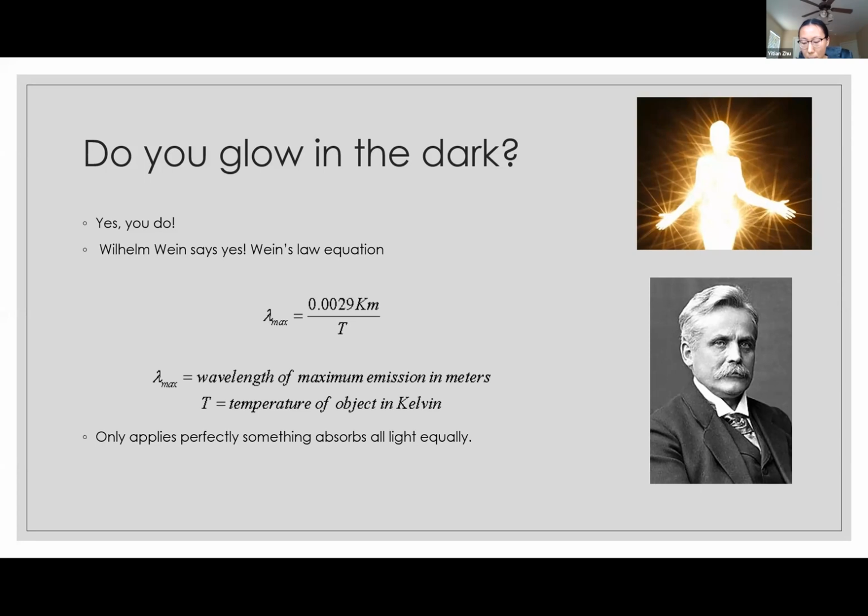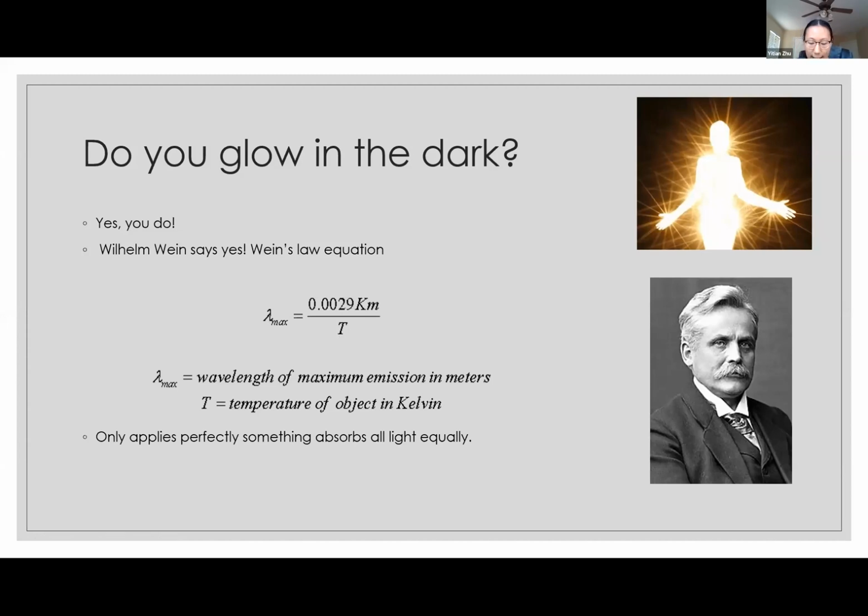So it's the wavelength of light that you emit with the most intensity. And he said, well, you can emit light at multiple different wavelengths, but the one that you emit at most is lambda max. And it depends on the temperature, as you can see in this equation.